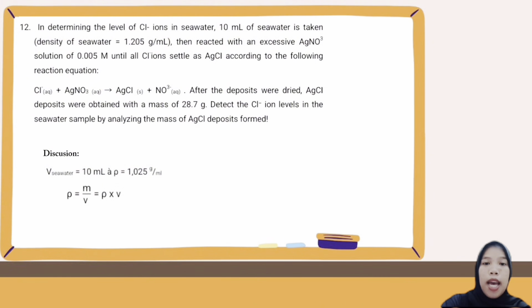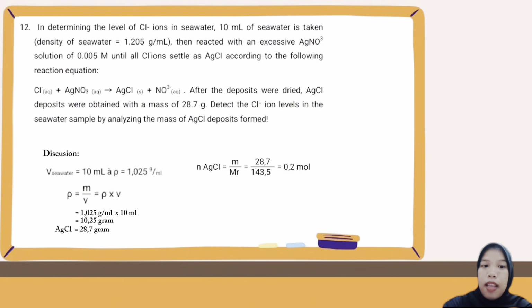Rho equals m divided by V, so m equals rho times V equals 1.025 gram per milliliter times 10 milliliter equals 10.25 gram. m AgCl equals 28.7 gram. n AgCl equals m divided by Mr equals 28.7 divided by 143.5 equals 0.2 mole.